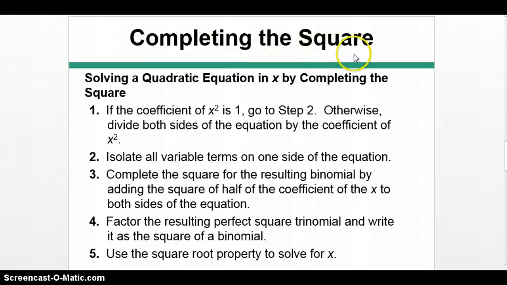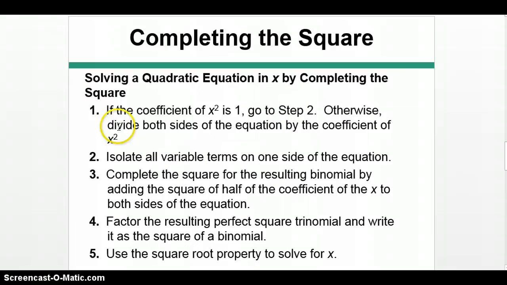Completing the square. Solving a quadratic equation in x by completing the square. Step 1. If the coefficient of x squared is 1 in the quadratic equation, go to step 2.